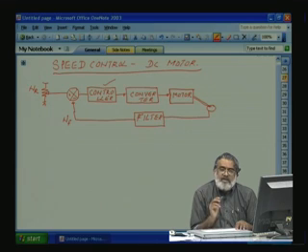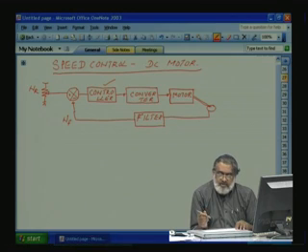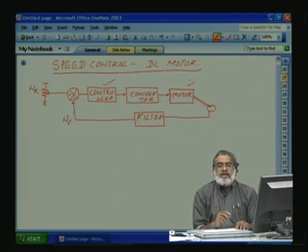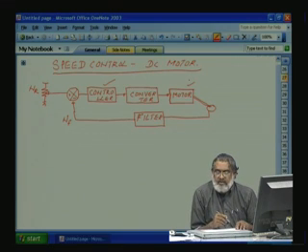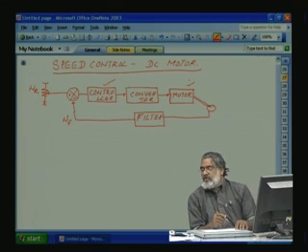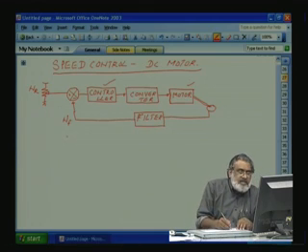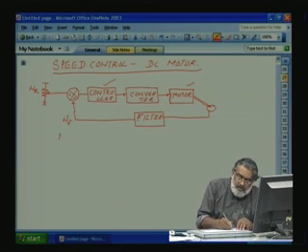From there we can design our controller so that it will give optimum response. So where will we start? Let us start with the motor. We have not yet got the motor model. Okay. So for the separately excited motor, we will start here with the motor model.